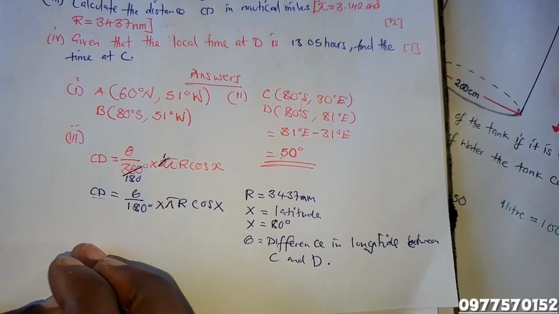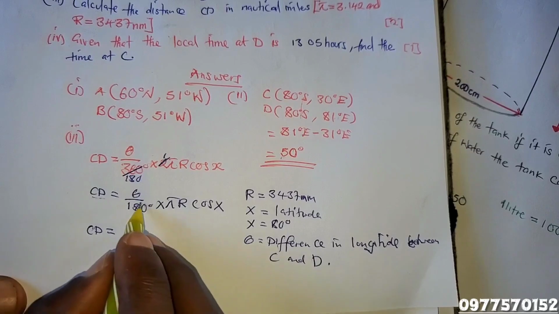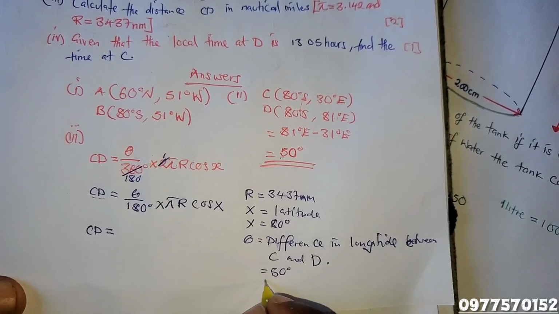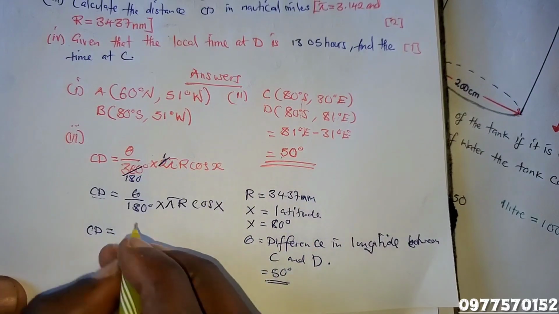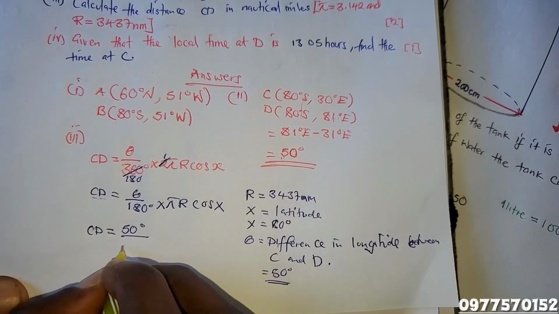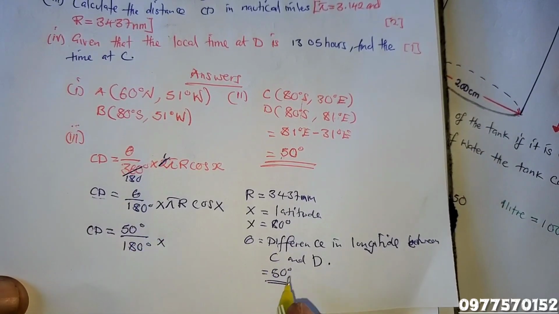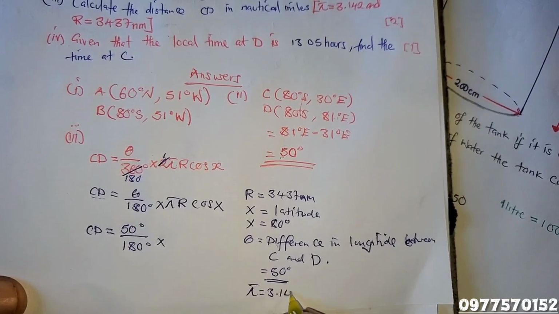CD is equal to, where there is theta we substitute 50, so 50 degrees over 180 degrees times pi, which is 3.142. By the way, this is the last thing, 3.14.